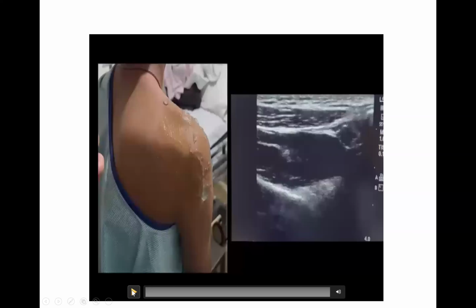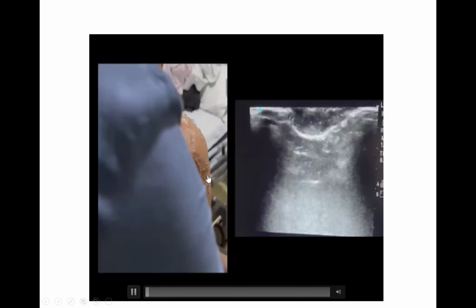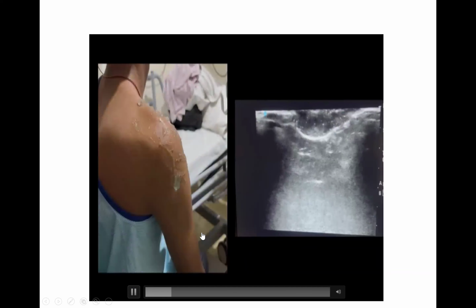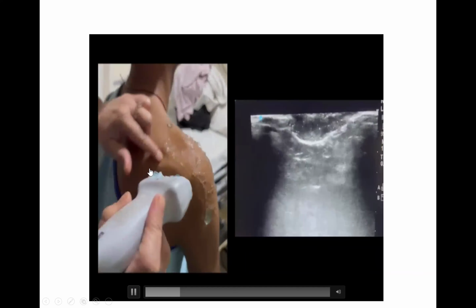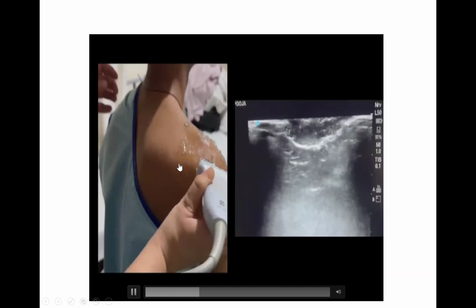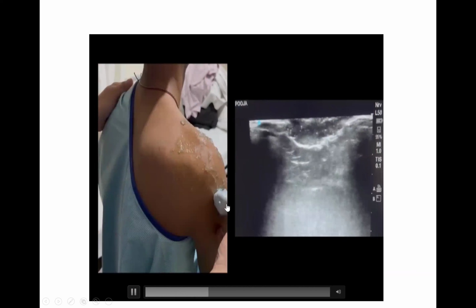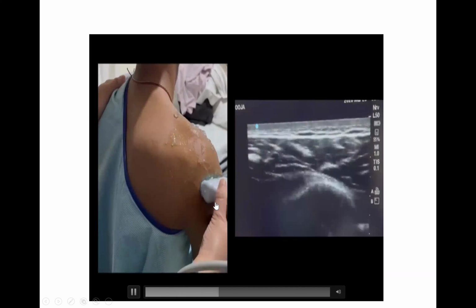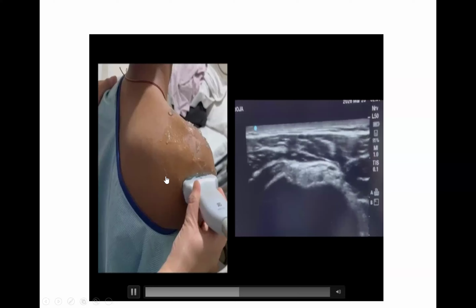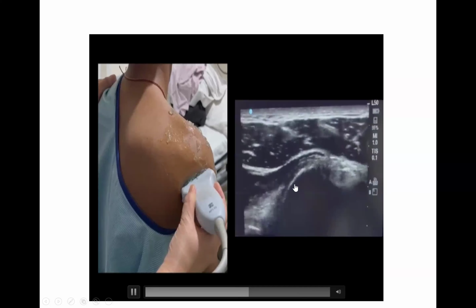Now, this is the video demonstrating the glenohumeral joint. By the way, these videos are from Dr. Aanchal. We just ask the patient to keep the hand on the thigh, palpate for the spine of the scapula, and put the probe on the spine of the scapula. She's coming from down, moving a little up, looking at the head of the humerus, moving a little up, posterior.